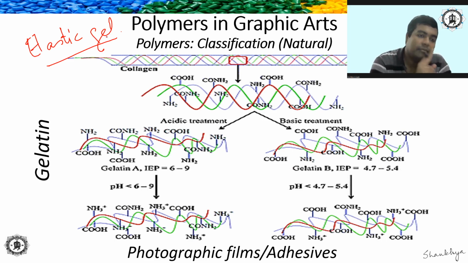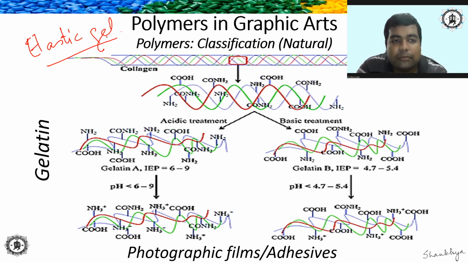So anywhere above or below the 4.7 value, gelatin starts to absorb water. Normally at 4.7 it is stable, instead of being in the elastic type of gel that we are normally used to seeing gelatin as.